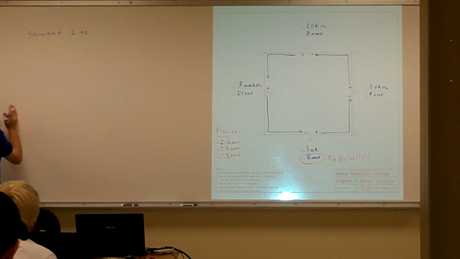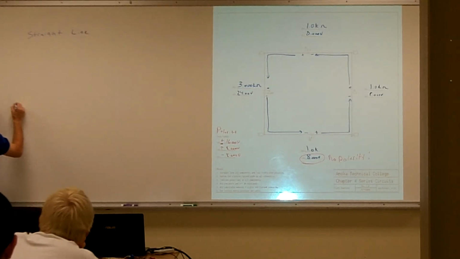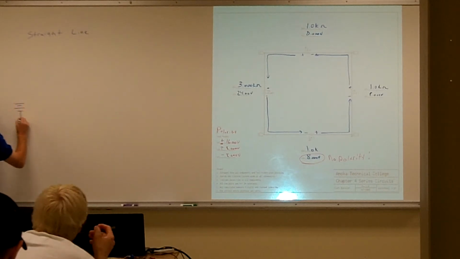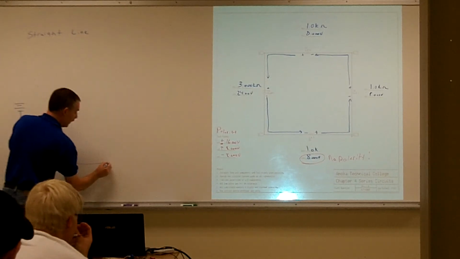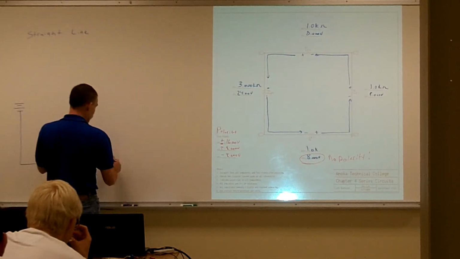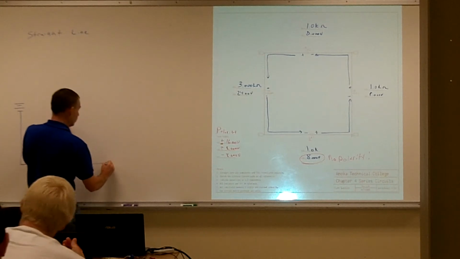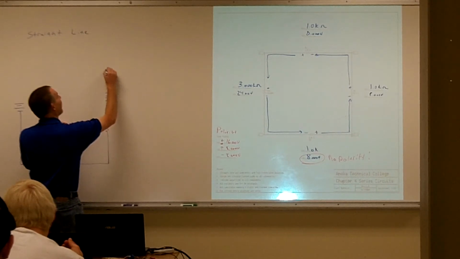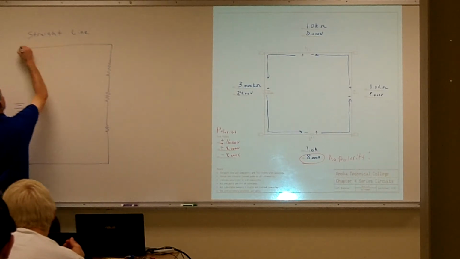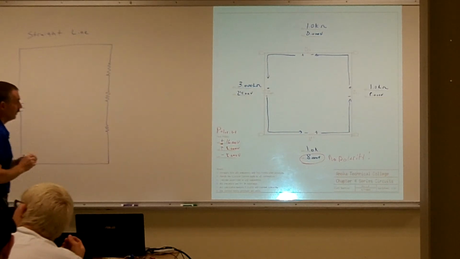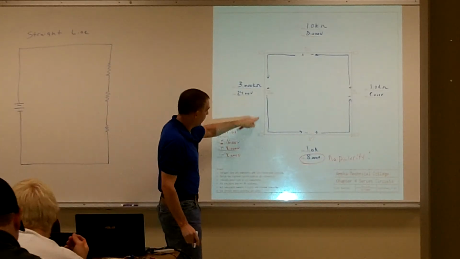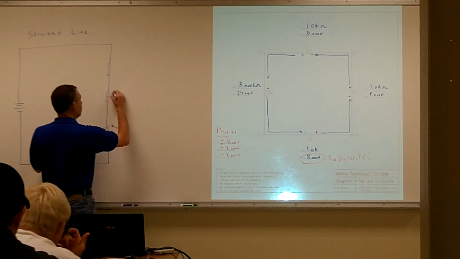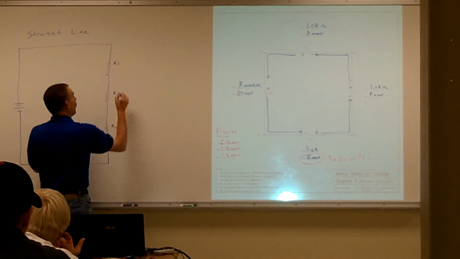what we want to do is keep our power source on the left-hand side. So I'm always going to put my power source on the left-hand side. Then I'm going to come down, and all my components are on the right-hand side, and they're all going to be drawn vertically. Then I have to make sure that I get all my test points and the values of my resistors in the right location, so I know that this is R3, R2, R1.